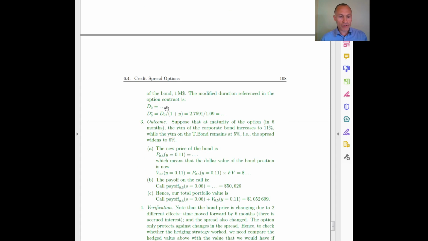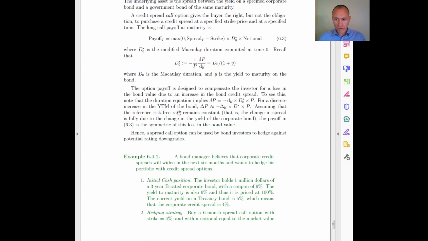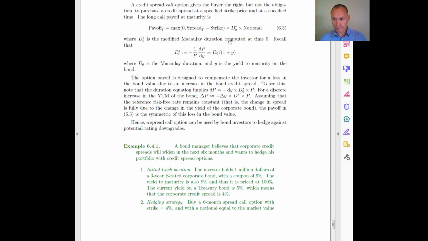Okay, I'm actually going to post these calculations in detail, but I think you can easily go through these numbers yourself. So compute the standard Macaulay duration for this bond, then divide by 1 plus the yield to get the modified duration, and that is what you need to use here for the option payoff. Okay.